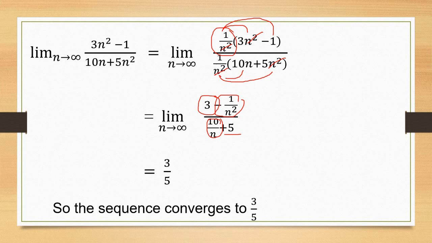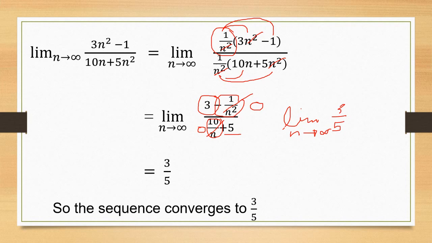Now, with the previous theorem, 1 over n squared is considered as 0, 10 over n is equal to 0, and so the remaining answer is 3 over 5. Now the limit is the limit of 3 over 5 as n approaches positive infinity.